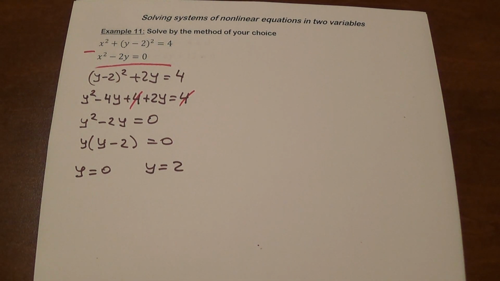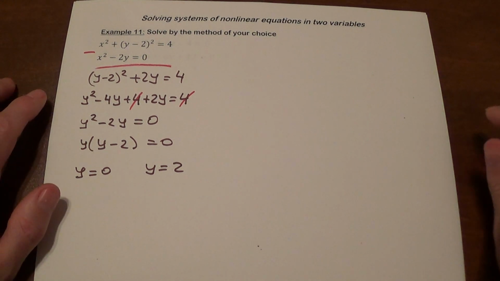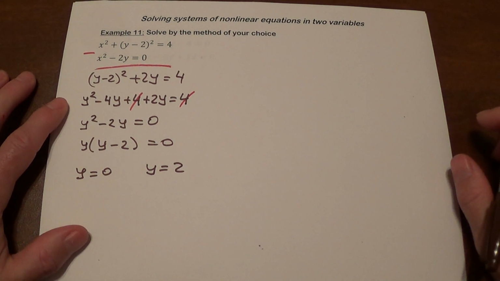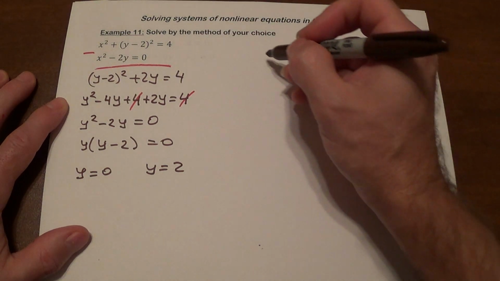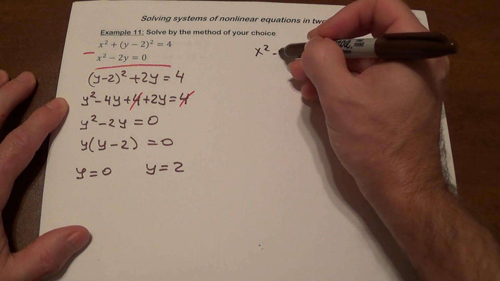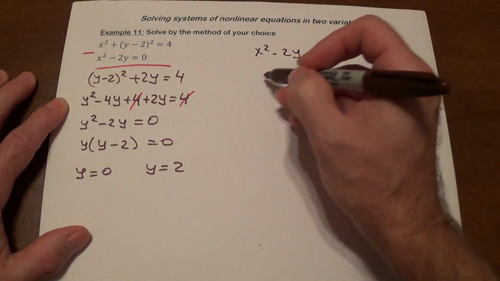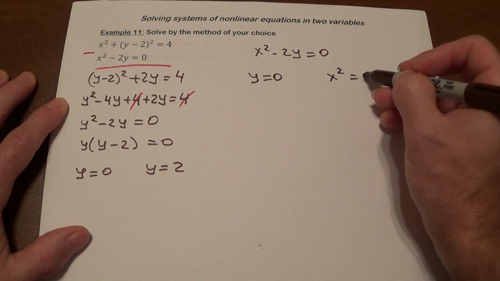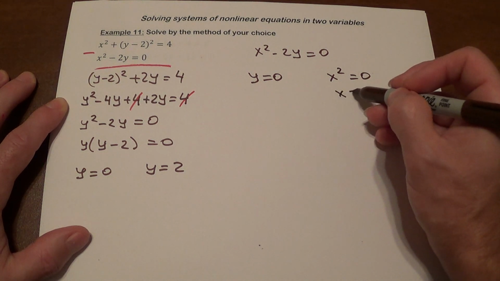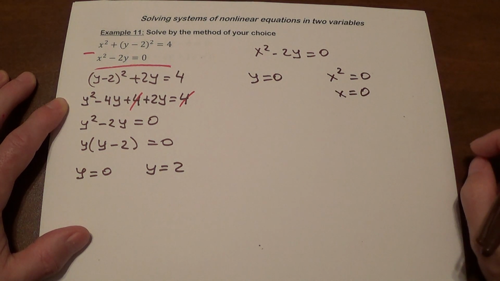And for each one of those we are going to find corresponding values of x. Let's use the second equation, it is easier. So x squared minus 2y equals 0. So when y equals 0, we get x squared equals 0, which means x equals 0.